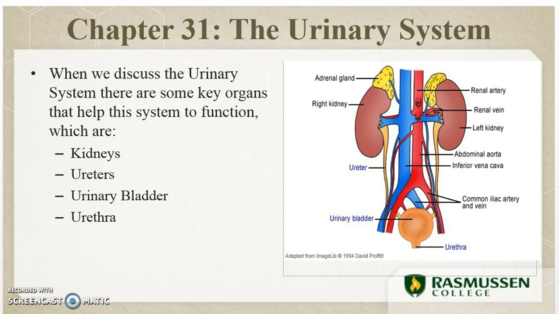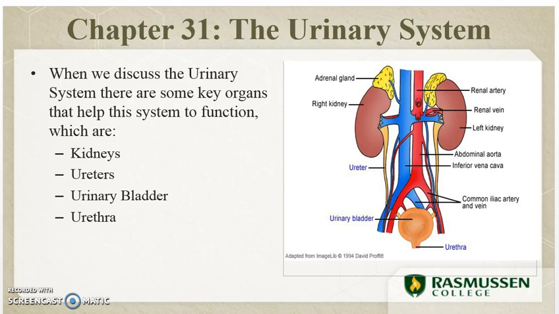Now, when speaking about the kidney, it's also important that you know that the functional unit of a kidney is called a nephron, and there are over 1 million nephrons in each kidney. The ureters are two muscular tubes that carry newly formed urine from each kidney down into the bladder. Each ureter is about 8 to 12 inches long.